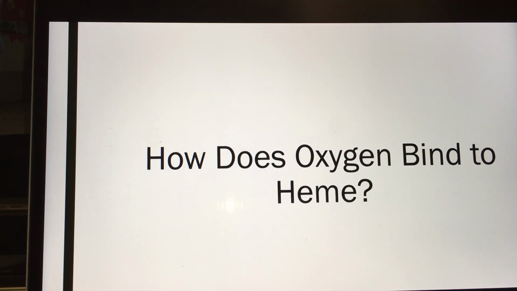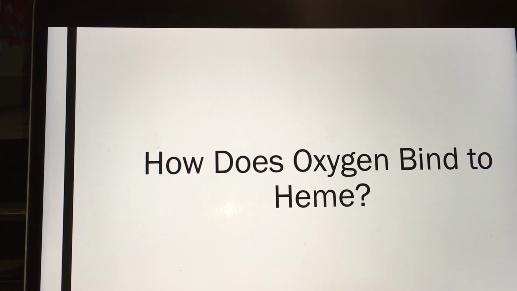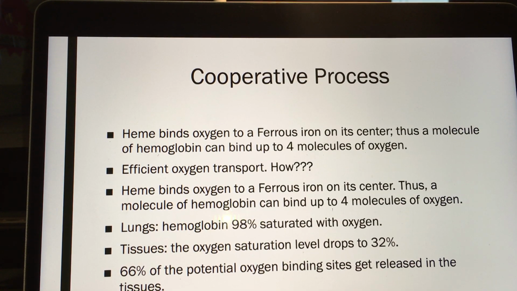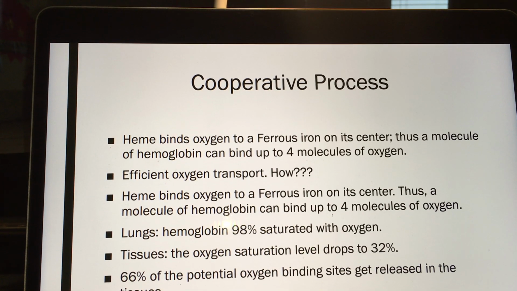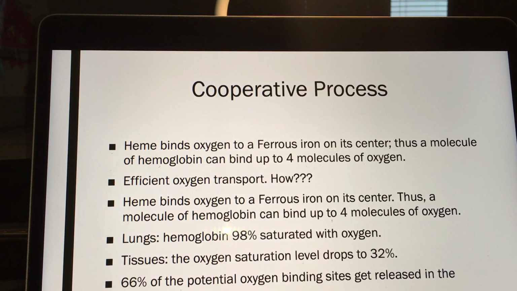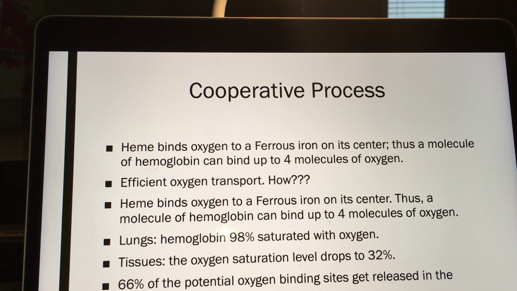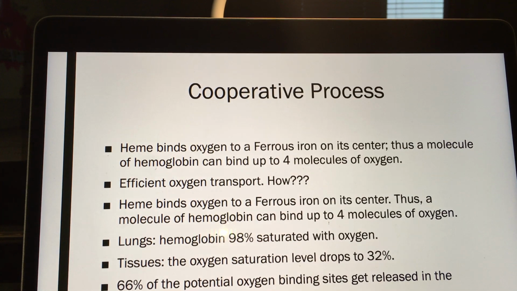So how does oxygen bind to heme? Heme binds oxygen to a ferrous ion at its center. Thus, a molecule of hemoglobin can bind up to 4 molecules of oxygen. This is called a cooperative process.